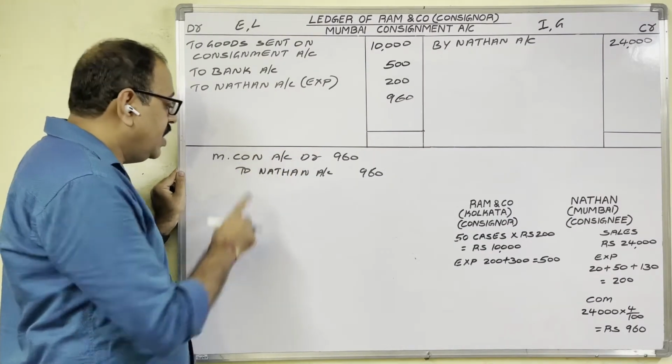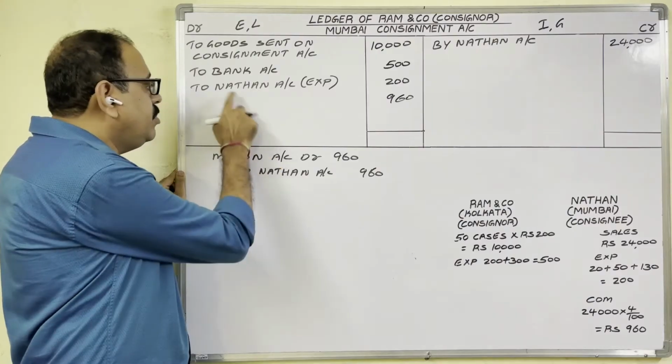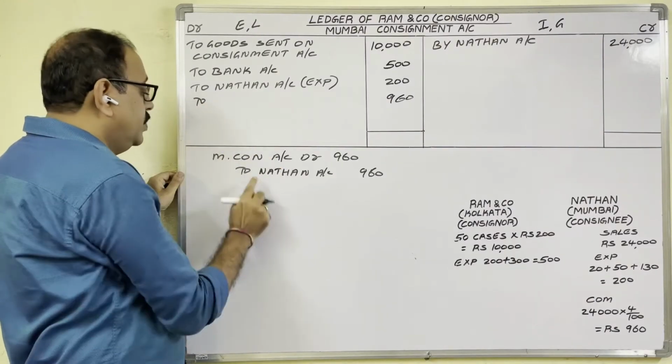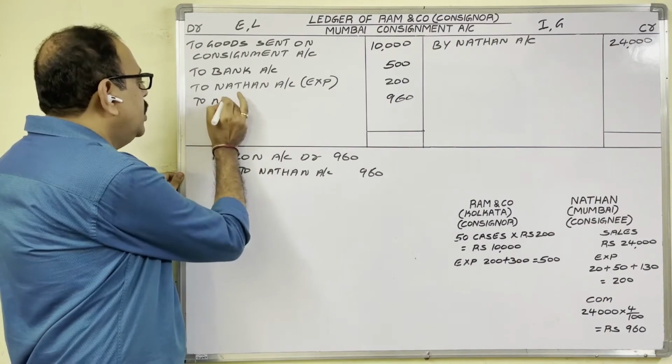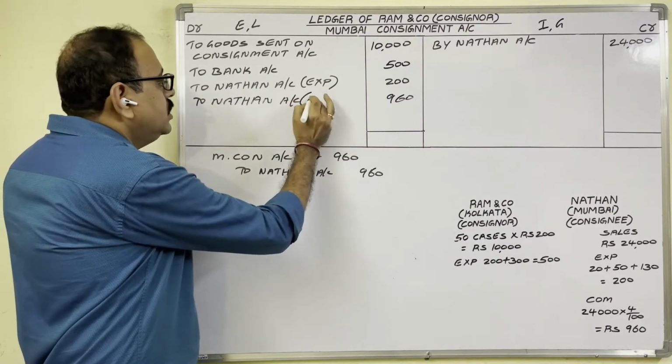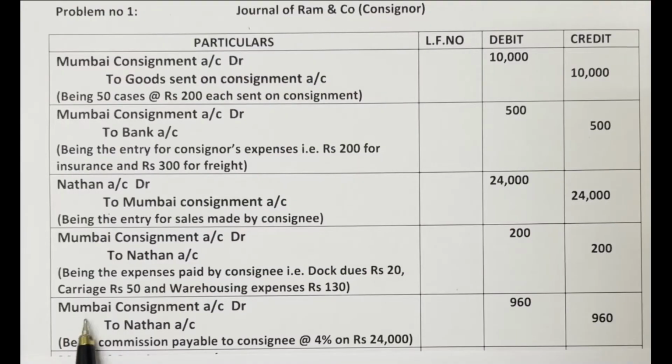Posting also same. As consignment account is debited, debit side we should post. To credit account name, Nathan account. In brackets, commission. Mumbai consignment account debtor to Nathan account 960. Narration. Being commission payable to consignee at the rate of 4% on 24,000 rupees.